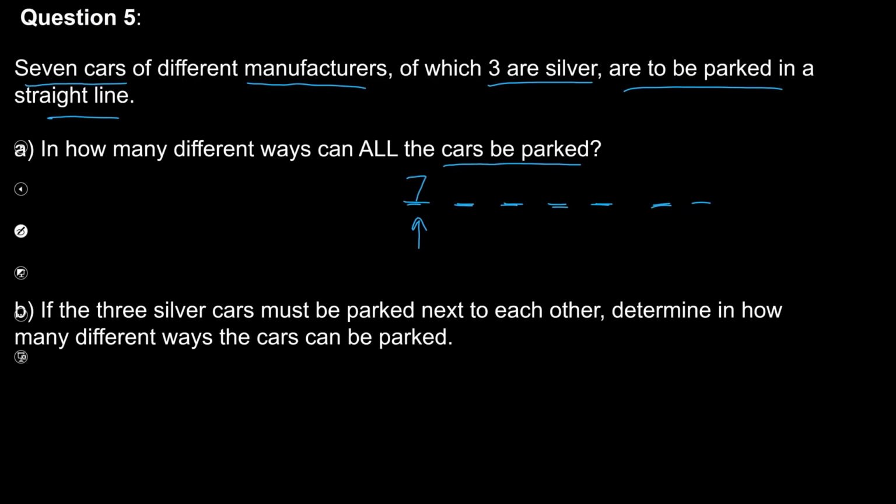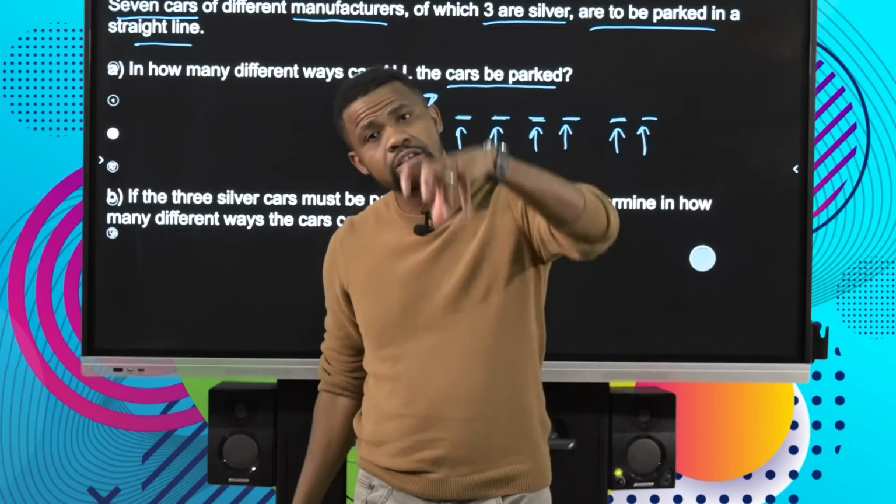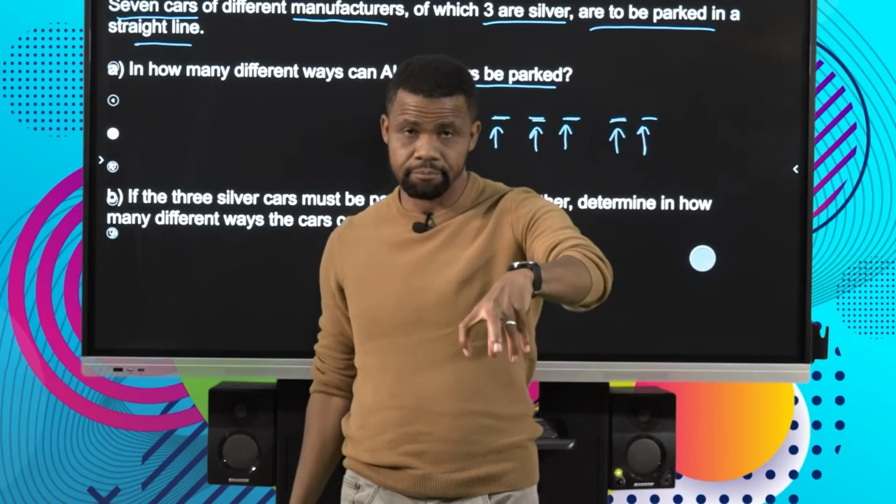So the first car can choose from 7 spots. You can go there, or there, or there, as the first car. So you have 7 choices as the first car. The first car to arrive has 7 choices.